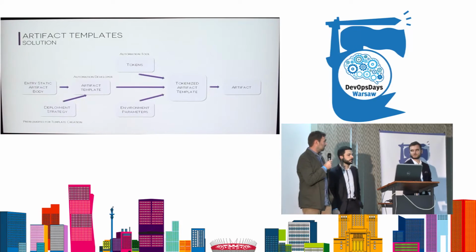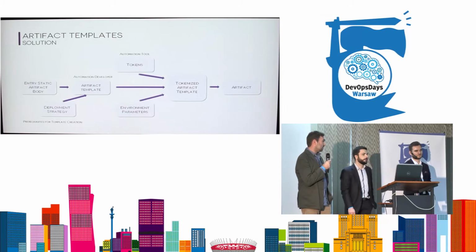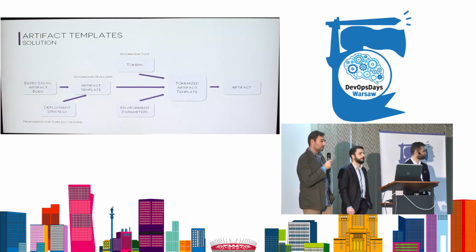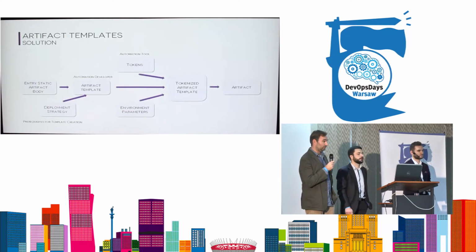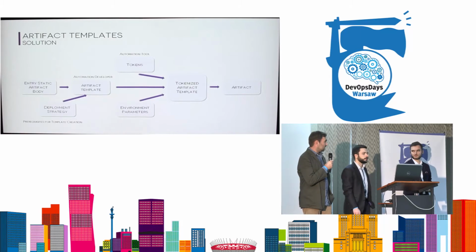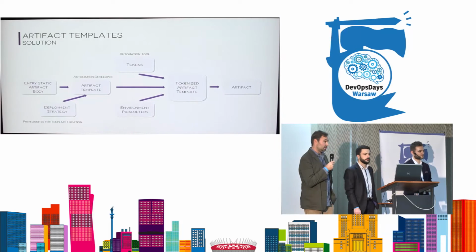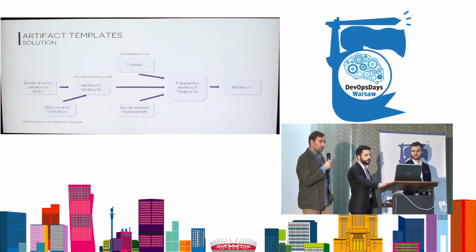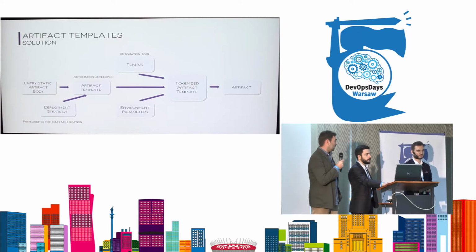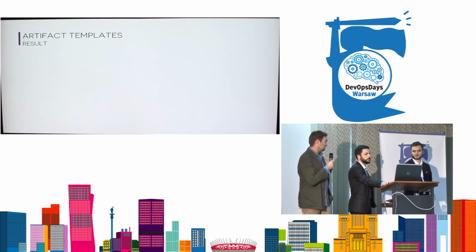Also, additional information like environment parameters, deployment parameters, and the tokens which we use for the replacement in the template are supposed to be defined in the automation tool for the parameter values. So this allows us to create the final artifact, which is parameterized to a specific environment, and further that artifact can be processed in any other way as needed and defined.